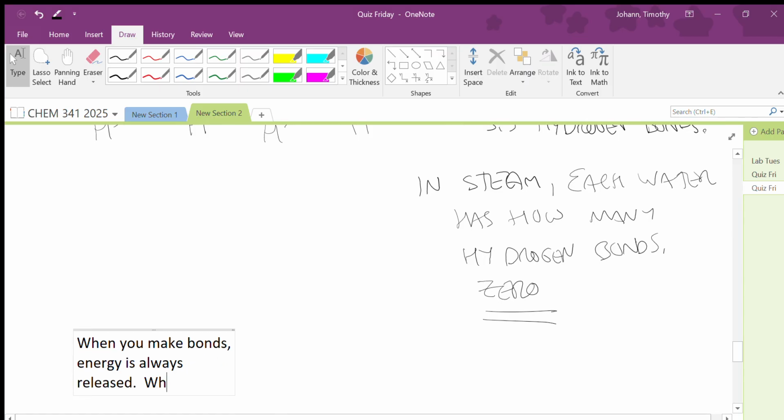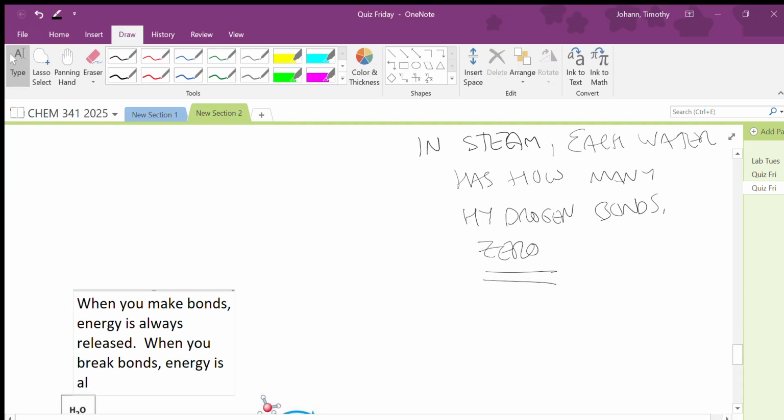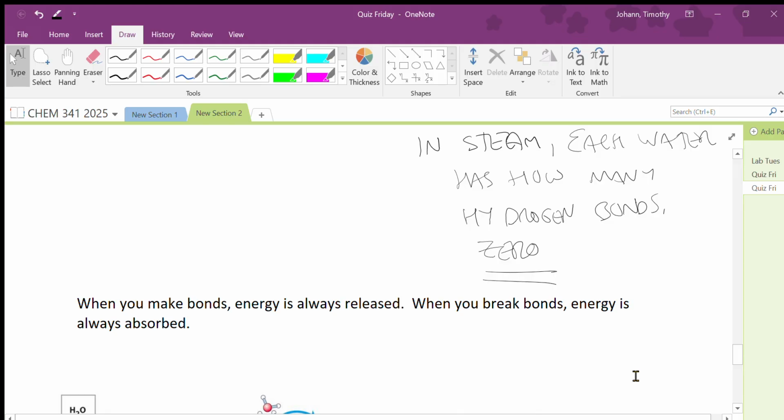When you break bonds, energy is always absorbed. We want to think about that when we think about what's going on in given reactions.